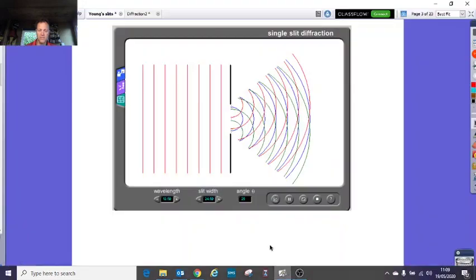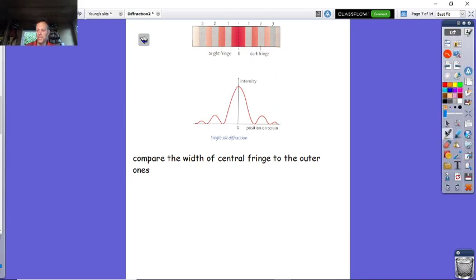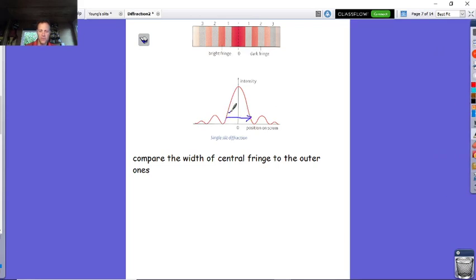Hence you do see an interference pattern in diffraction. Therefore, you get your bright, your dark, your bright, your dark. We get dark and bright fringes. But the important part to see here is that this central one's width is going to be twice that of those, all the ones going out.